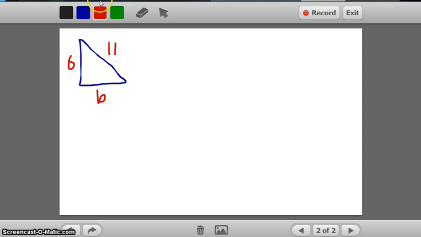And the Pythagorean theorem, the formula, is A squared plus your B squared will give you C squared. Going back to my right triangle, this is A, this is B, and 11 is C. So instead of plugging in A, I will put 6.